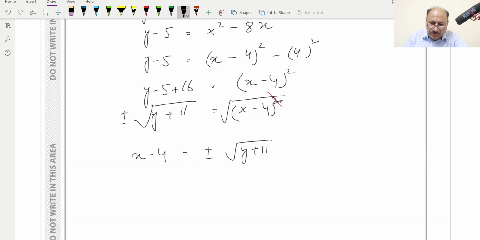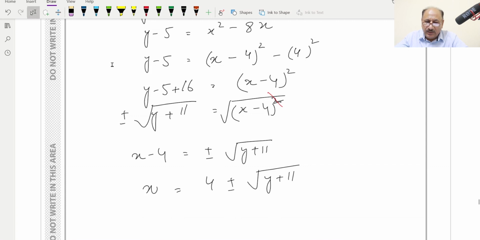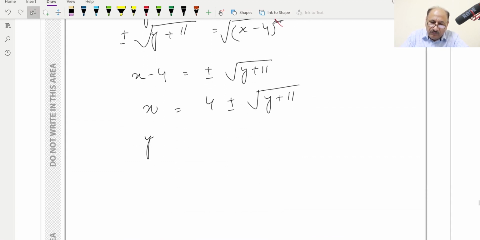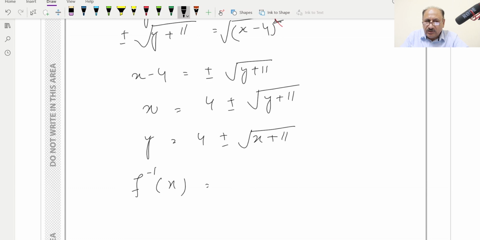So minus 4 also we can shift to the other side, so it will be 4 plus minus under root y plus 11. Now we can swap x and y, so y will be equal to 4 plus minus root x plus 11, and this will be our f inverse of x is equal to 4 plus minus under root x plus 11.